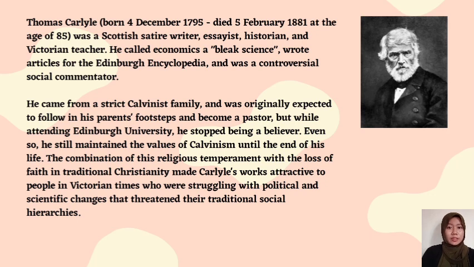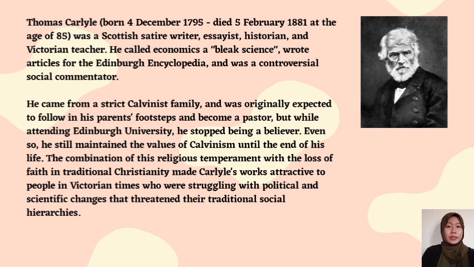At the age of 85, he was a Scottish satiric writer, essayist, historian, and Victorian teacher. He taught economics, wrote articles for the Edinburgh Encyclopedia, and was a controversial social commentator. He came from a strict Calvinist family and was originally expected to follow in his parents' footsteps and become a pastor.